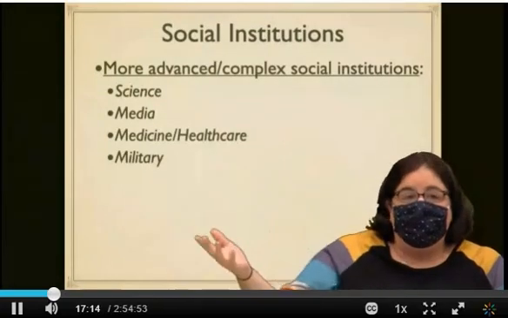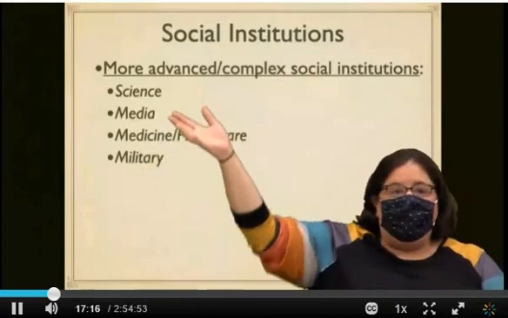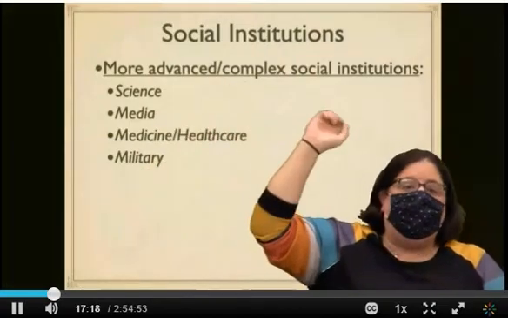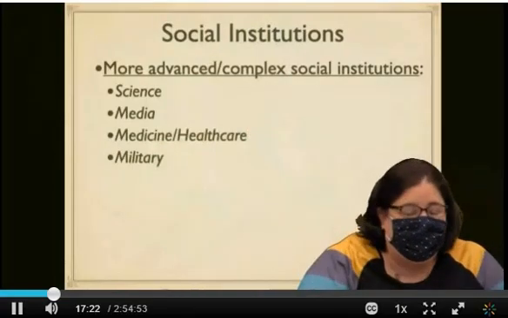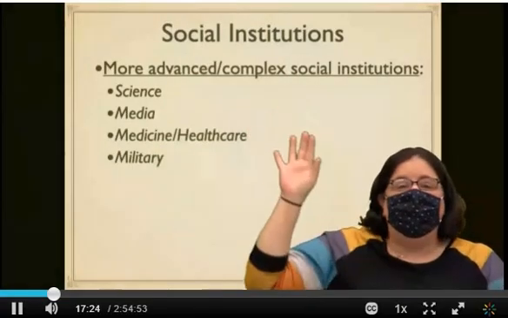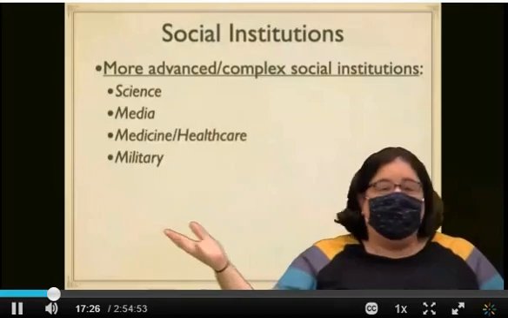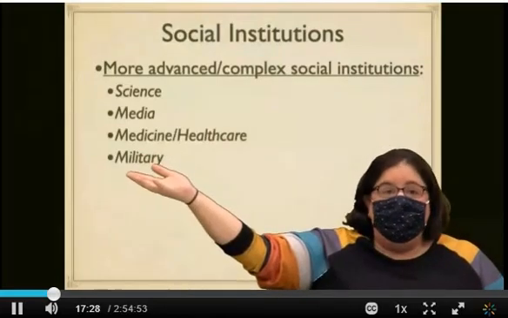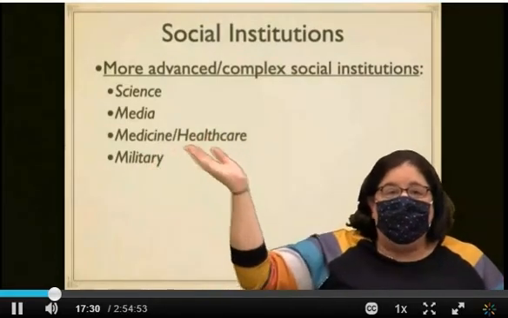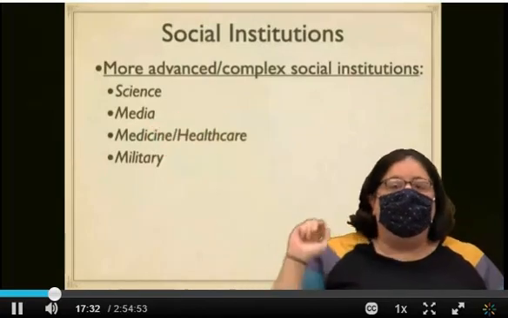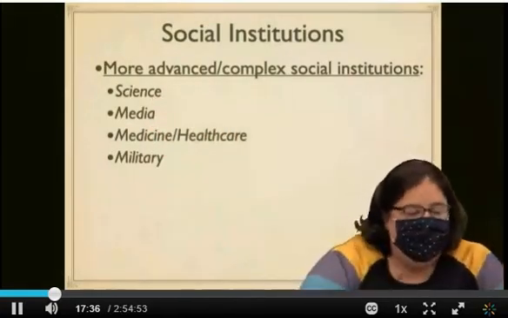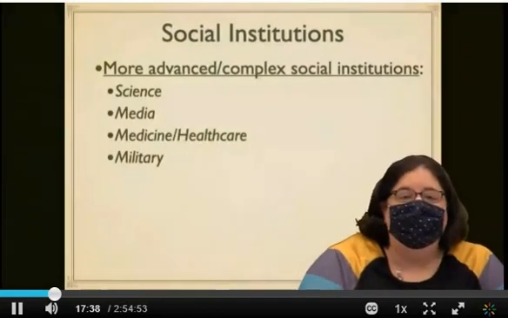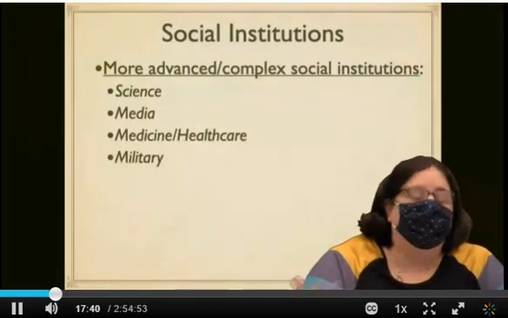The Industrial Revolution had us change very much how we approach science and actually all four of these, right? Media, medicine, and the military. But they each still meet basic social needs, right? Like protection, or healing us when we're sick, or providing us with information, or advancing our understandings of the world, right? All of these are important. They're just more complex.